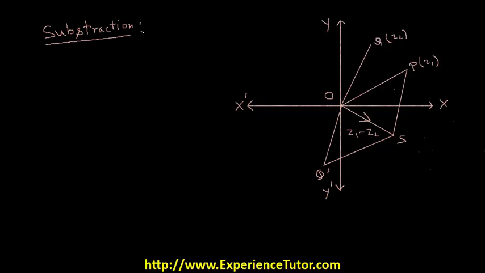If Z1 and Z2 are the two complex numbers, then in parallelogram OPSQ, OS represents the complex number Z1 minus Z2.